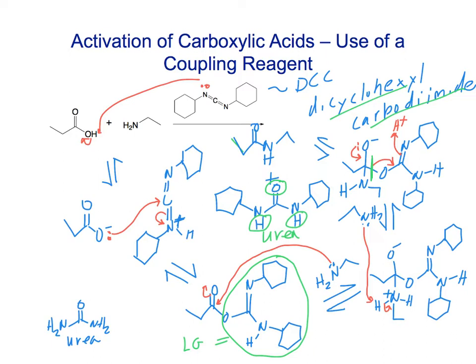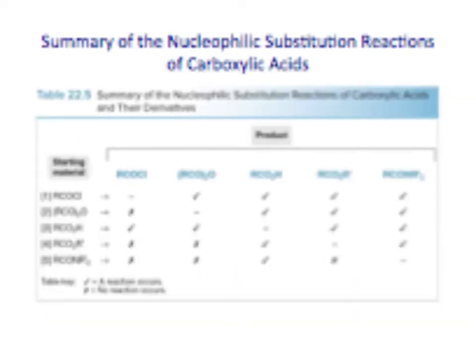All of this looks much more complicated than it is because this leaving group is just so big. If maybe this was an anhydride, then we could do this, but each individual step is a type of reaction step that we've seen before. Okay? In my opinion.